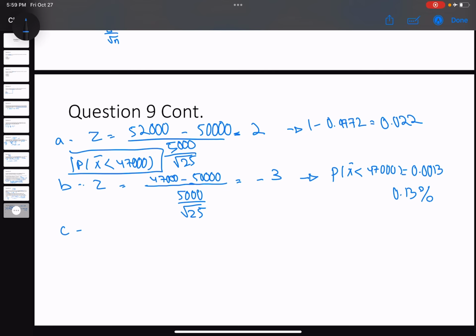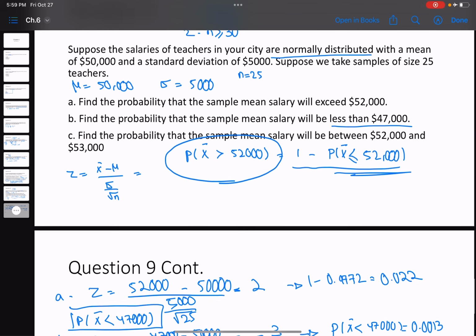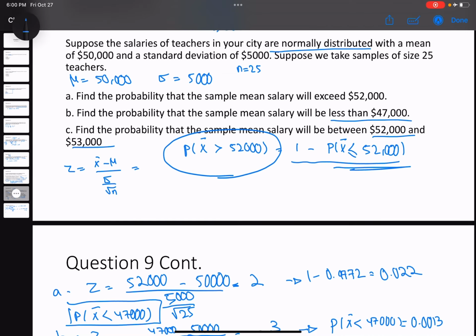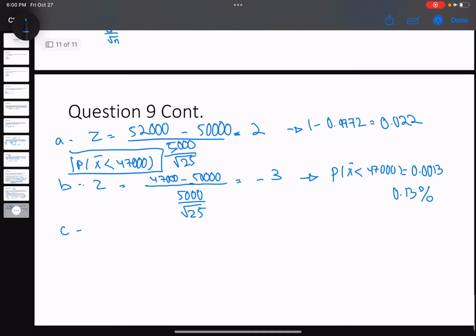C. Find the probability that the sample mean salary will be between 52,000 and 53,000. P of x bar between 52,000 and 53,000. We just have to get both probabilities and then subtract them.